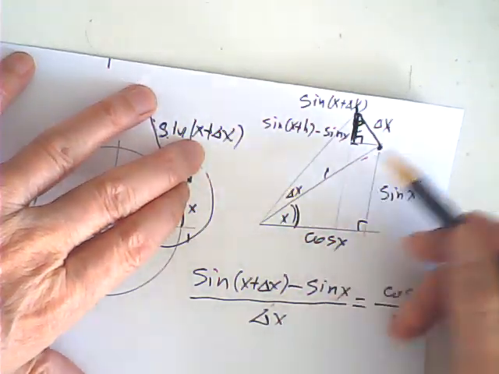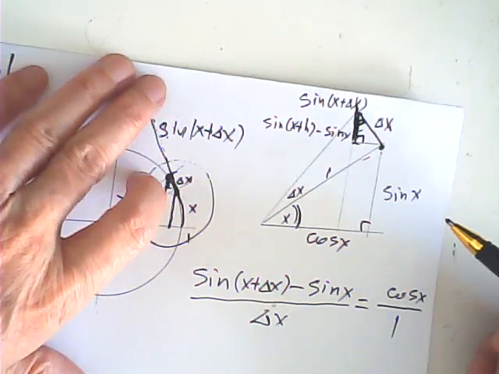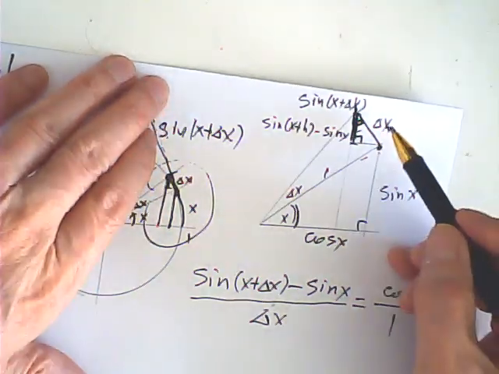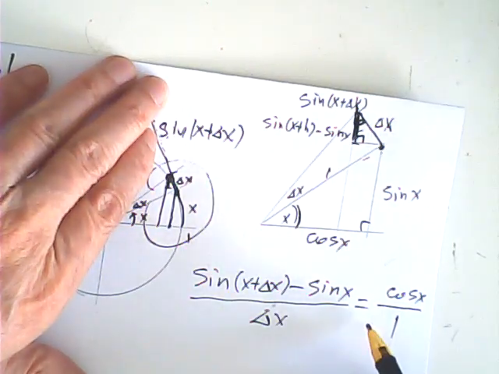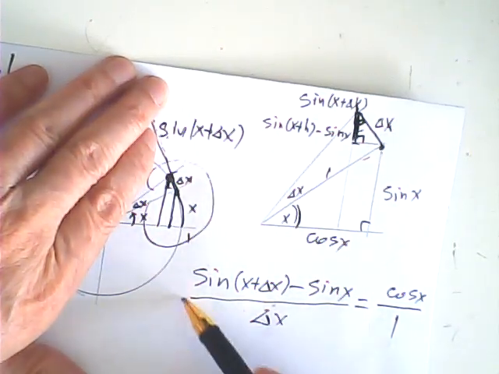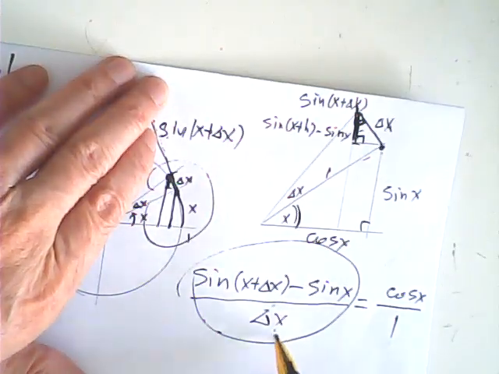This is true when delta x goes to 0. When this one goes to 0, it is true. Therefore, when it goes to 0, that's the limit.